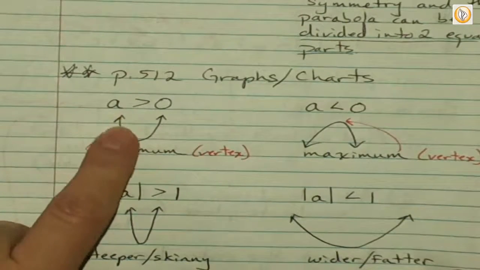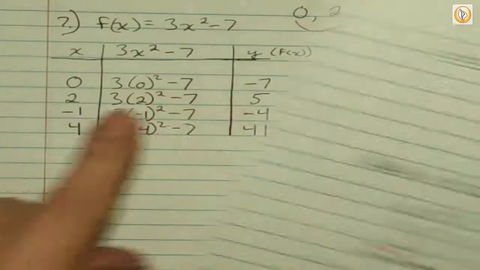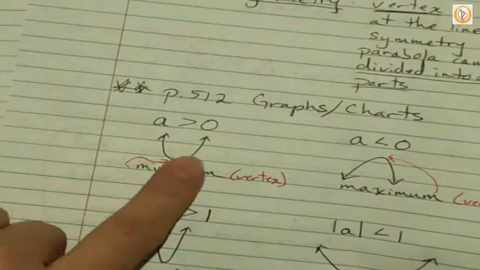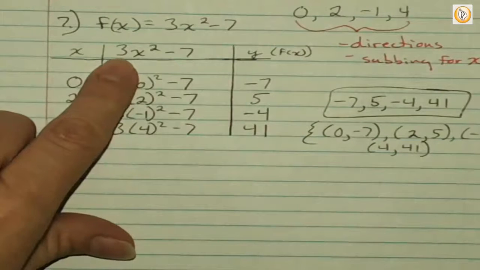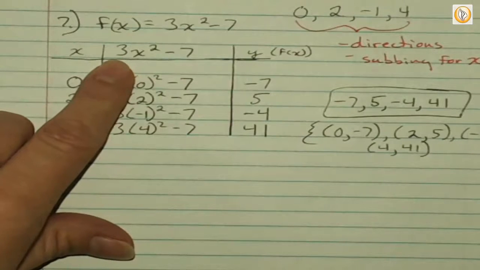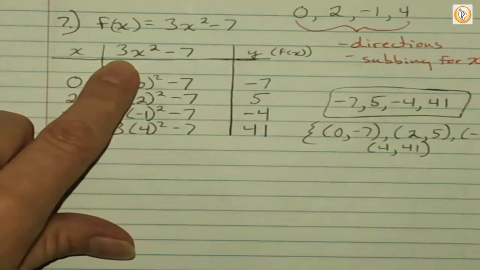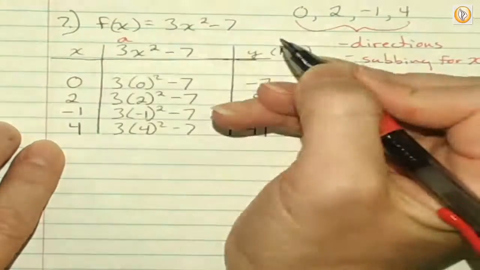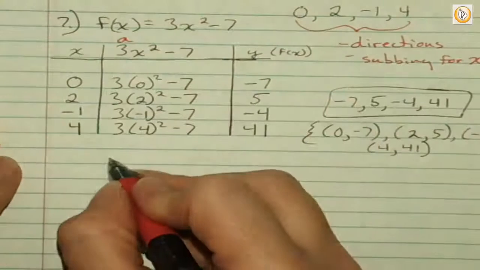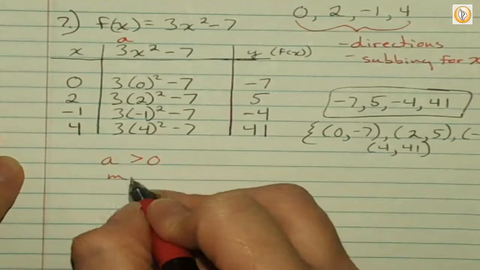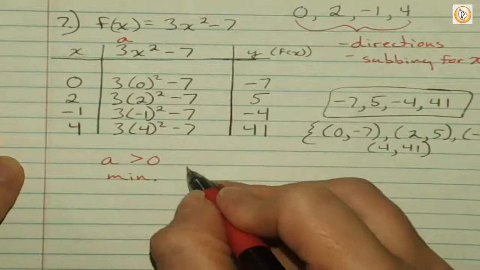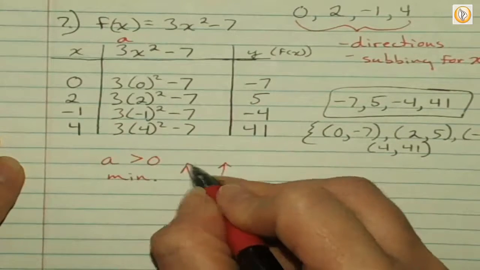It's going to be a minimum. So if we were to graph this, it's going to look like this because A is greater than 0. 3 is your A. Do you see that, Valeria? Your A is greater than 0, therefore it's going to be a minimum. It's going to look like this.